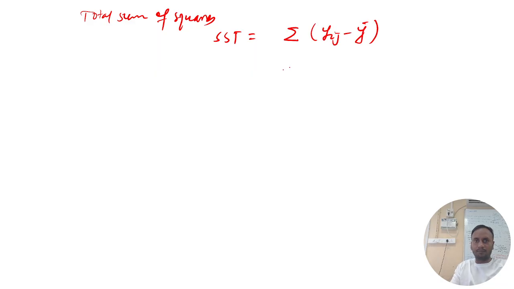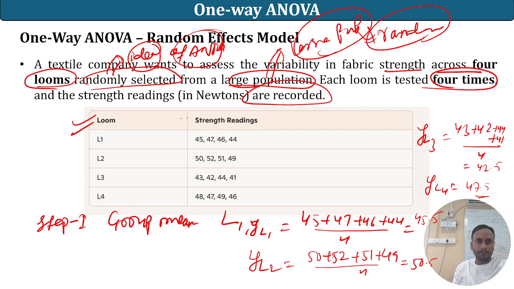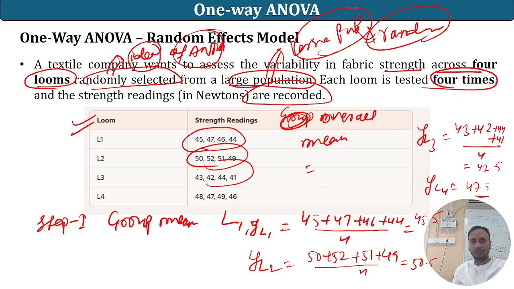What will be the next step to calculate the total sum of squares? SST is the summation of Yij minus Y bar. Before that, we have to calculate the overall mean, the summation of all four groups divided by 16. Please just do it and tell me. I'll check it.